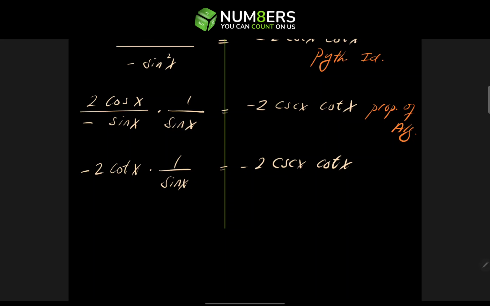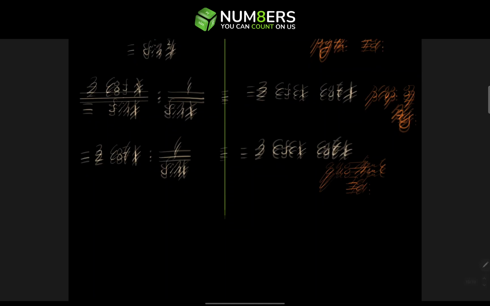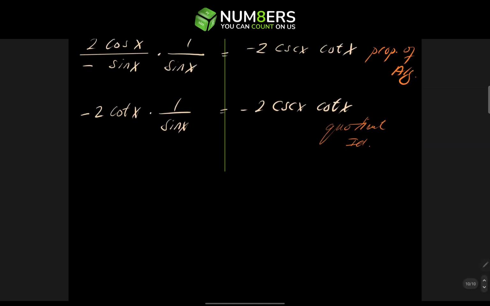And here what we did was we wrote cosine x over sine x in terms of cotangent x. That's using the quotient identity. So we write quotient identity for this step. And the next step is when we write 1 over sine x in terms of cosecant x by using reciprocal identity. And that's what we're going to do right now.